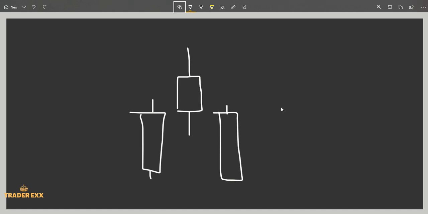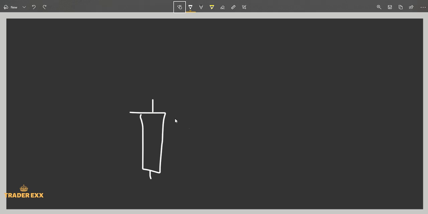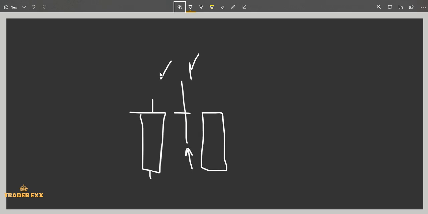Now remember, guys, it could look like this sometimes. It could look like this, just as long as this candle here violates the previous day's low and this candle reaches higher than the previous candle and the next candle. So this candle here, the one that we're observing, should not take out this high, that high right up there.